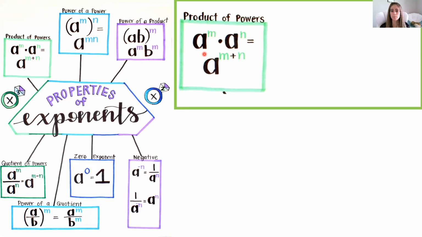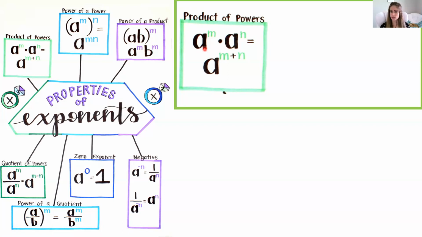One key is that when we work with exponents, we need to ensure that our bases are the same, because it's kind of like when you combine like terms. If they both don't have the same variable, you can't add them or subtract them. Same goes here. If our exponents don't have the same bases, so in this case, our base is the large letter A, then the property doesn't work.